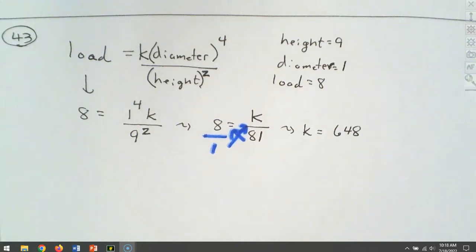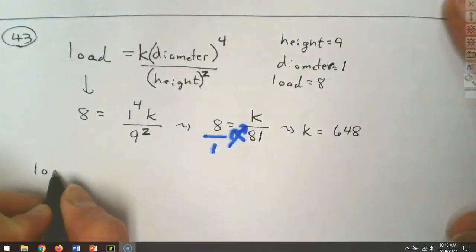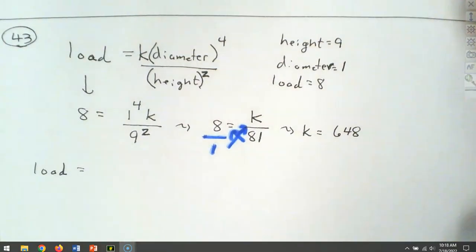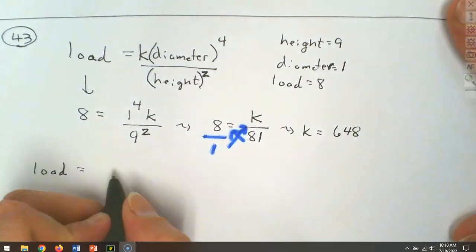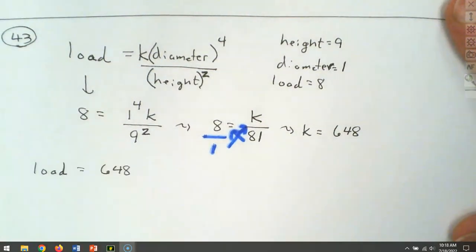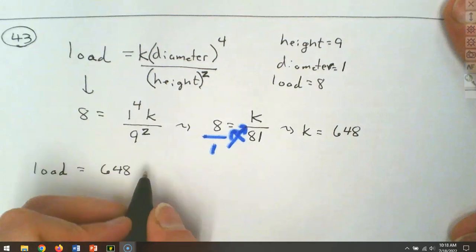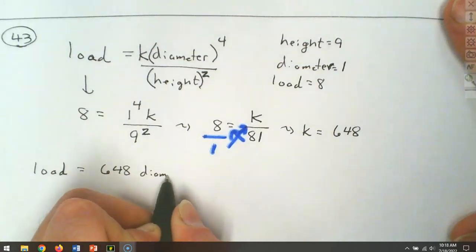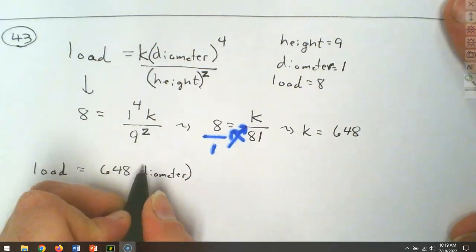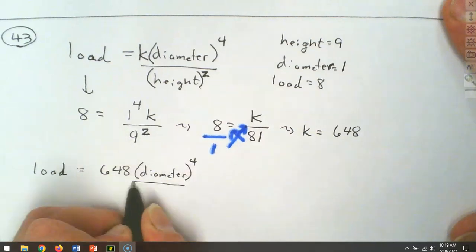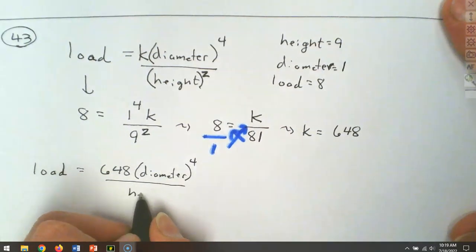Now we're going to plug this back in, rewrite our formula. So what's our new formula look like? The load that those columns can support is going to be 648 times the diameter to the 4th power over the height squared.